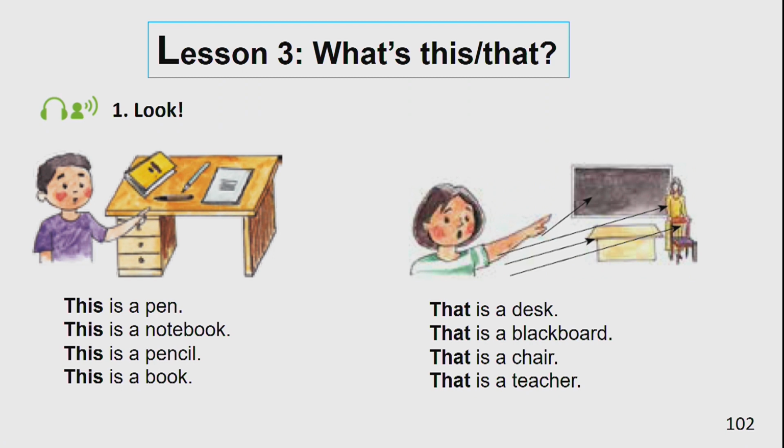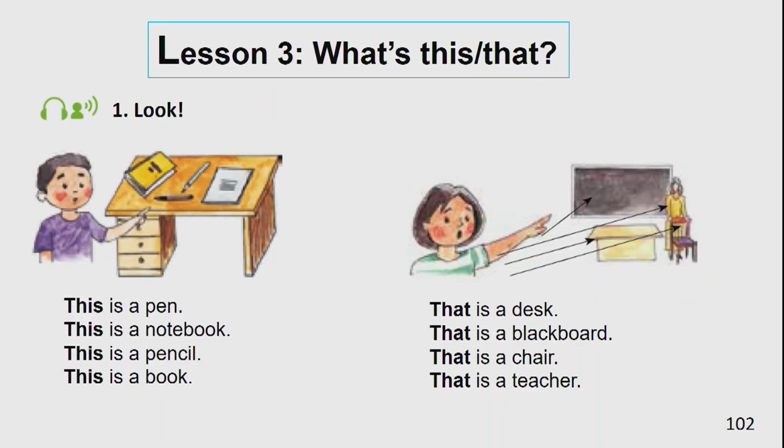Look at the pictures in exercise 1. Look at the boy. He's showing you something. This is a pen. This is a notebook. This is a pencil. This is a book. Now look at the girl. That is a desk. That is a blackboard.